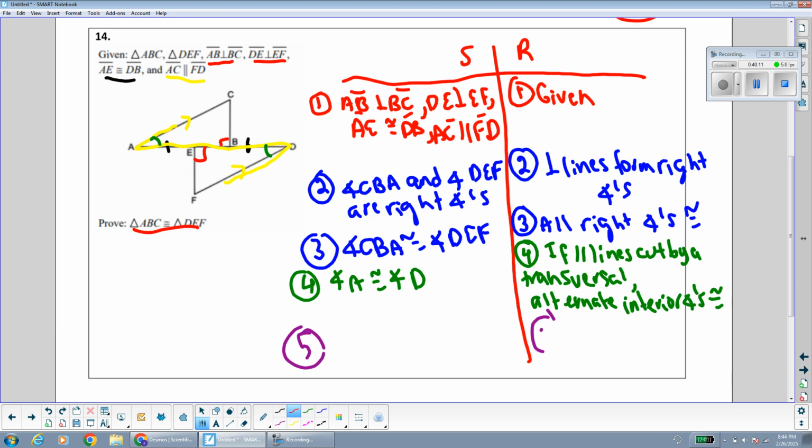The only thing is right now, we don't actually have the full side of the triangle. We only have the piece AE. So if I want to use ASA, I need the full side in between the two congruent angles. But if I have this piece, I just need to make it bigger.